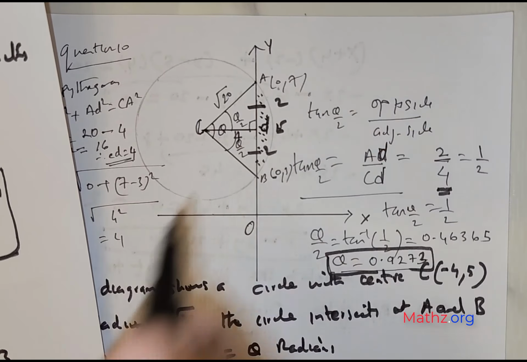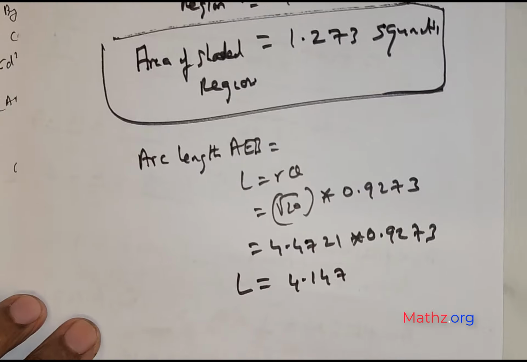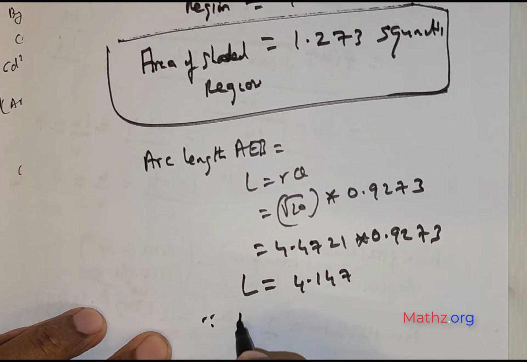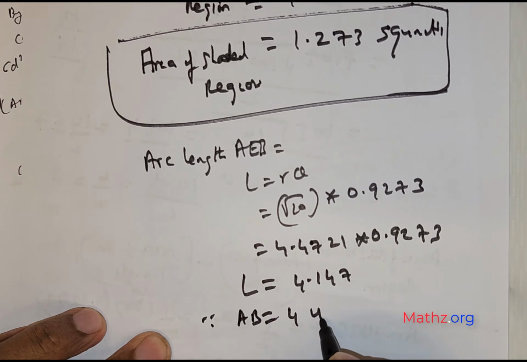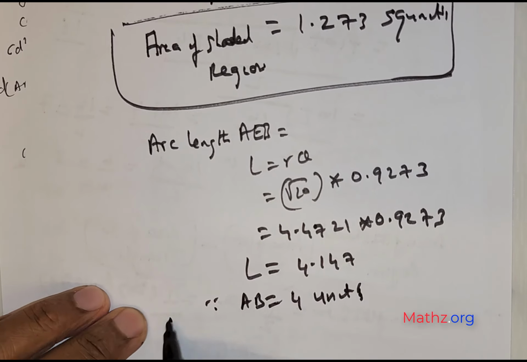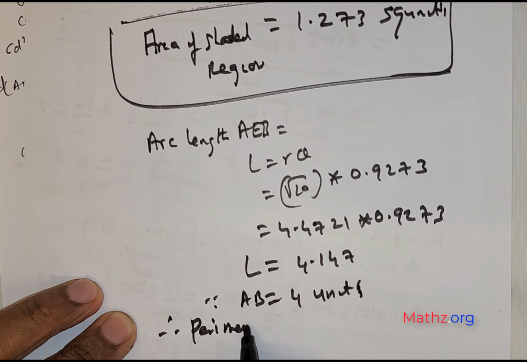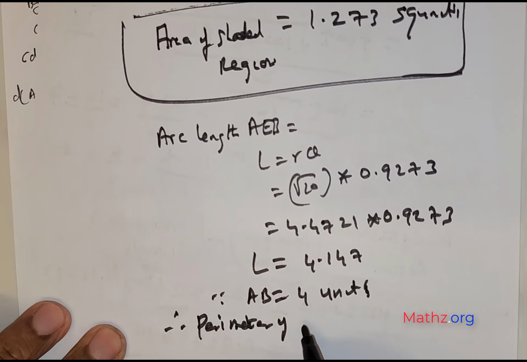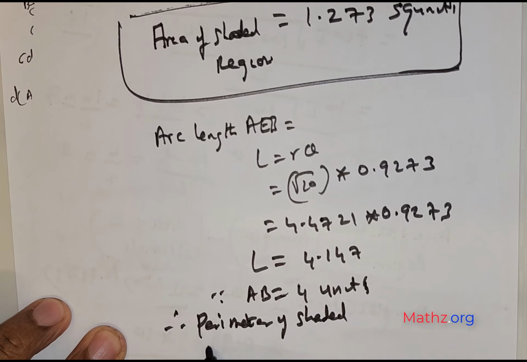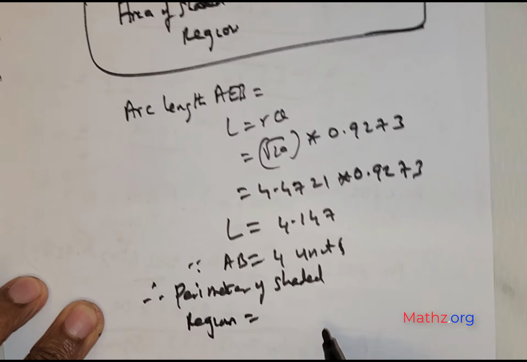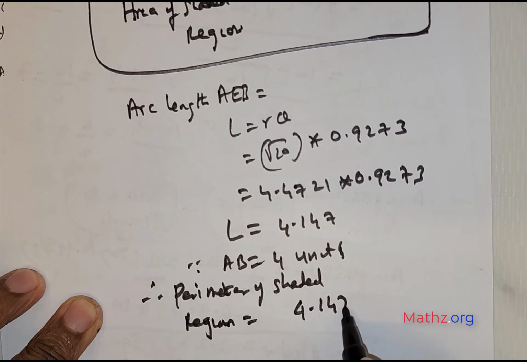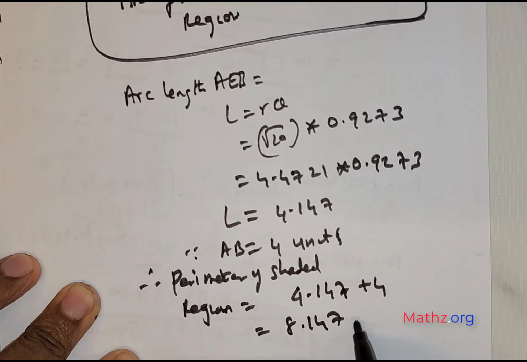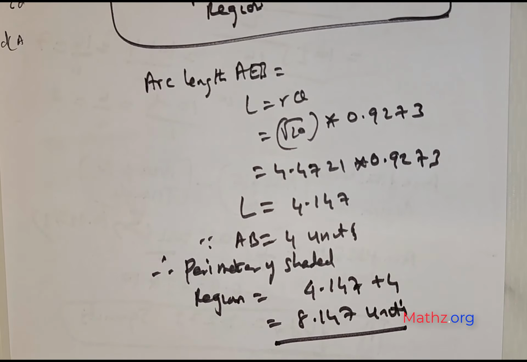AB is 4 units. So since AB is equal to 4 units, therefore the perimeter of the shaded region is equal to 4.147 plus 4, which is equal to 8.147 units. Okay, so that completes the solution for this question.